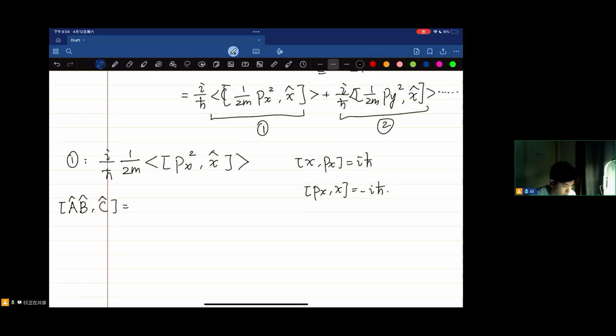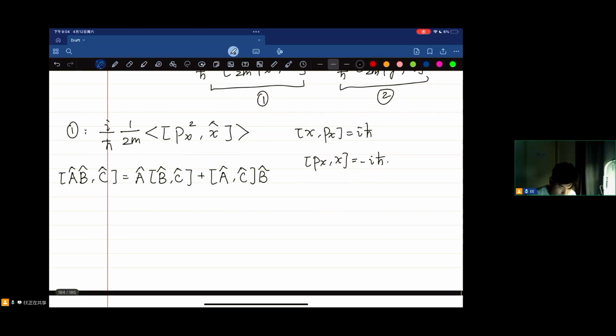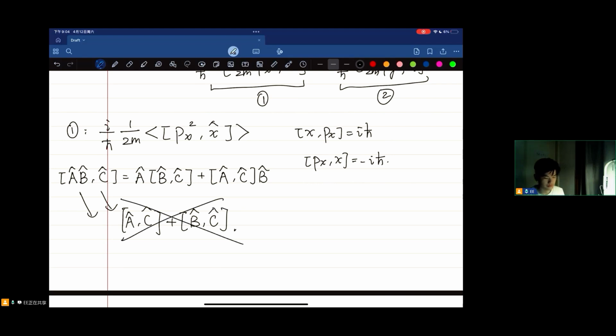It's like the product rule, but with commutators. It is used to separate two things multiplied by each other. We can't just say this is equal to [A, C] multiplied by or added to [B, C]. This is wrong, and we are not allowed to do that.